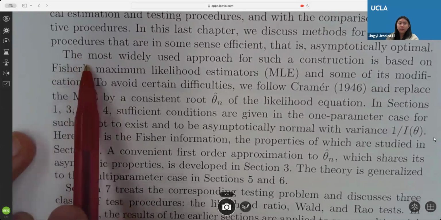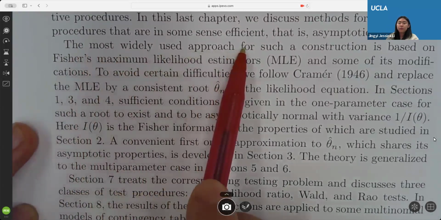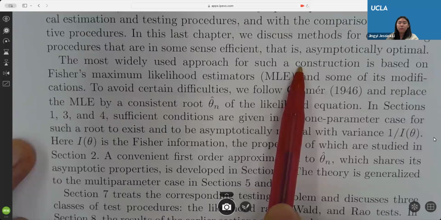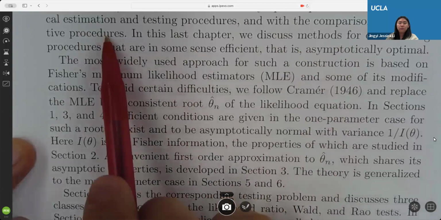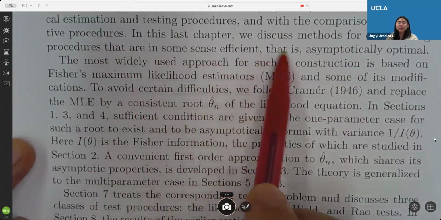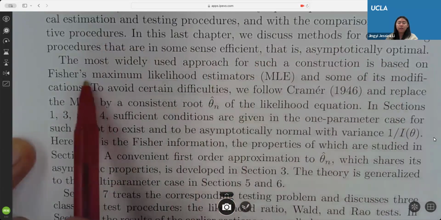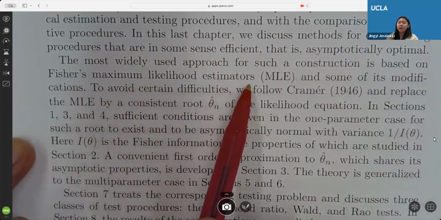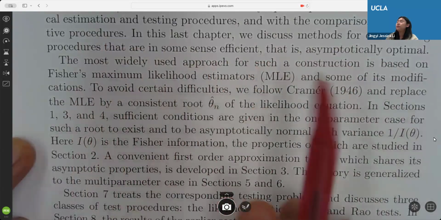Okay, so let's look at this paragraph first. The most widely used approach for constructing procedures that are in some sense efficient, that is asymptotically optimal, is based on Fisher's maximum likelihood estimator and some of its modifications.